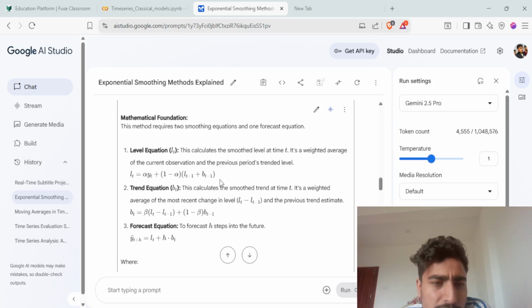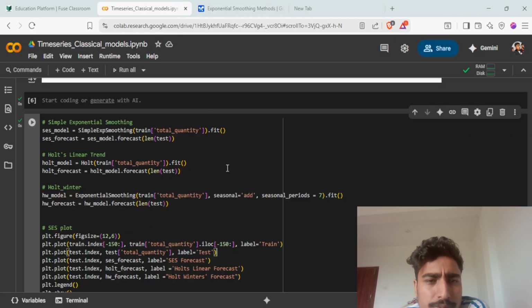That's the major difference between the level equation and the SES. The trend equation is also here. This calculates the smooth trend at time t. It is a weighted average. Oh, sorry, I haven't shown you the plot of the SES. Okay, let's first go there, and then we'll cover the remaining part.